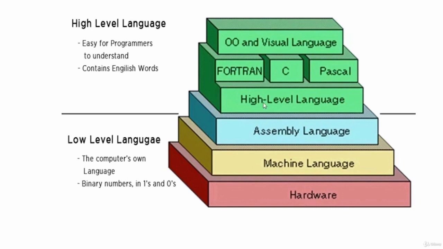Whereas the further away it is, they are easier for programmers to understand because they contain English related words, but not for the machine to understand. So for the machine to understand what this block here is saying, it needs to be converted into machine code using a compiler or an interpreter.